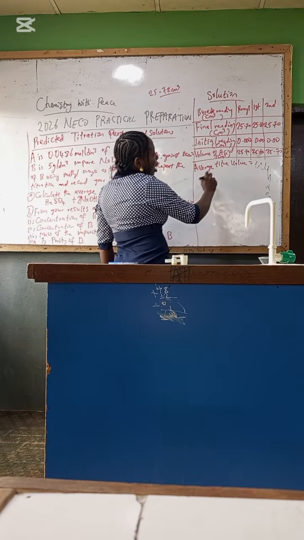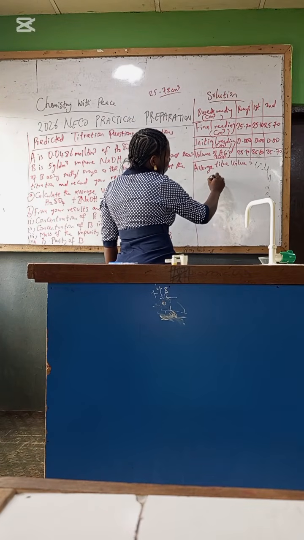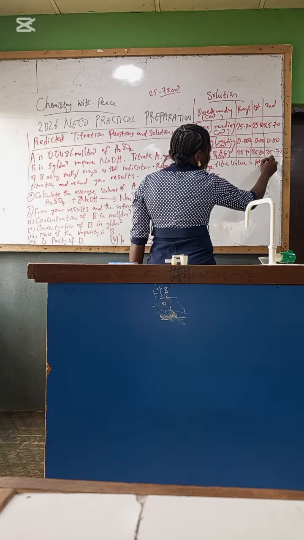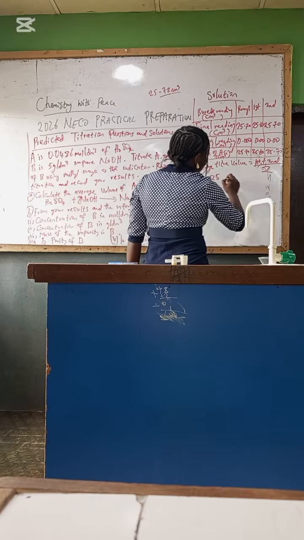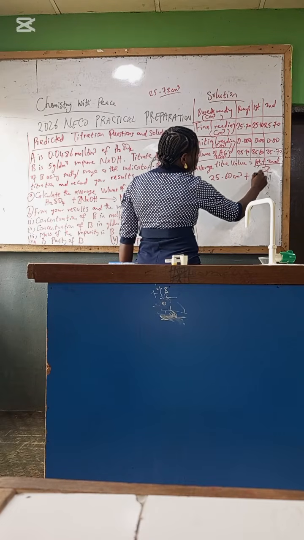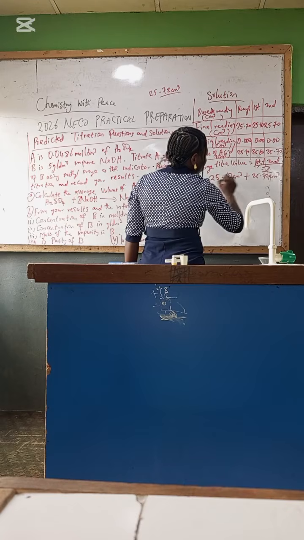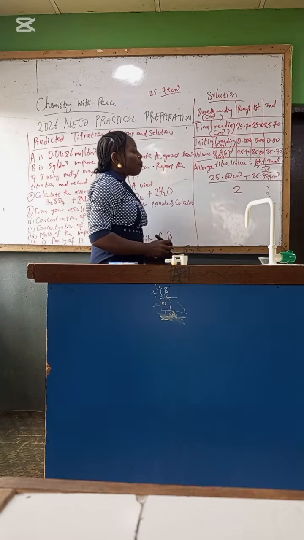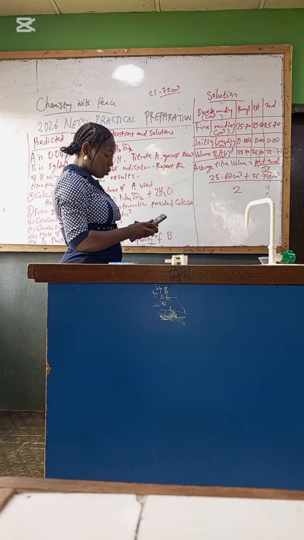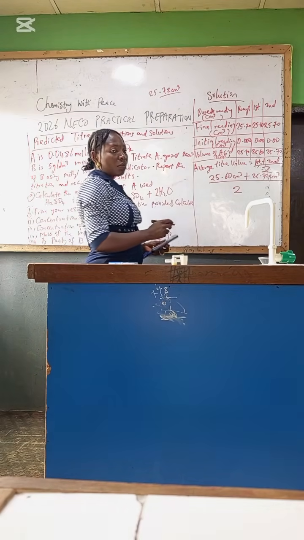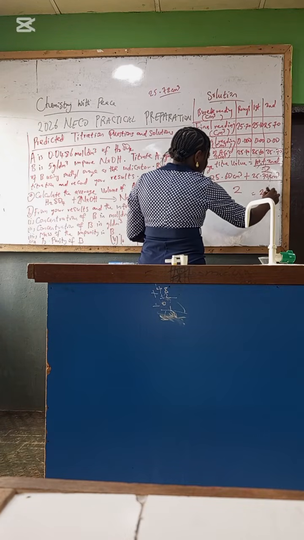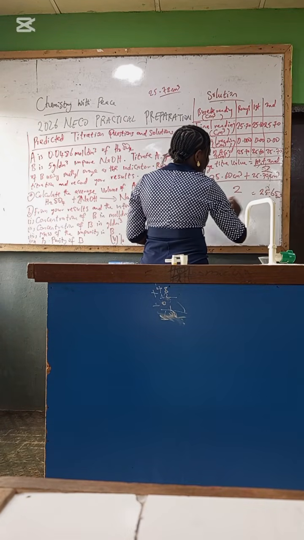So with this, I'm going to have 25.60 centimeter cube plus 25.70, using a calculator, divided by 2, I got 25.65 centimeter cube.